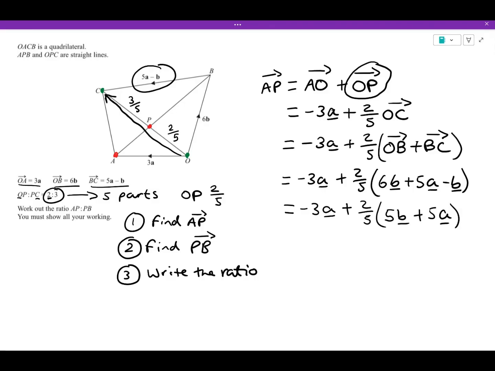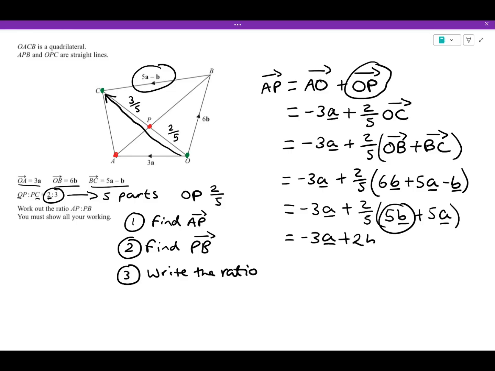Now let's go further and expand the bracket, because I want to simplify with the negative 3a as well. So we've got negative 3a, and then we're going to multiply both terms in the bracket by 2/5. If we start with the first term, multiplying by 2/5 means divide by 5 and then multiply by 2. So if we go to this 5 and divide by 5, we get 1. If we multiply by 2, we get 2.